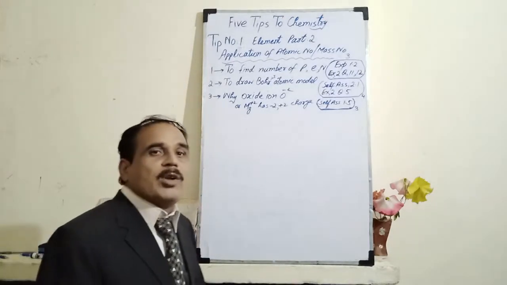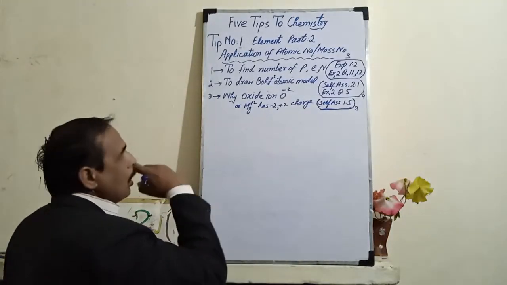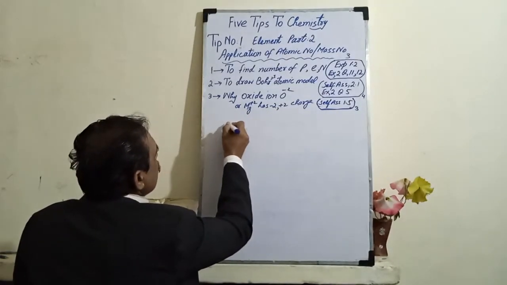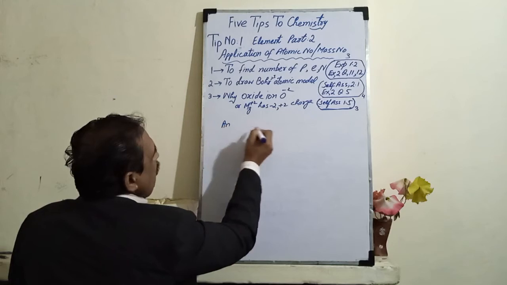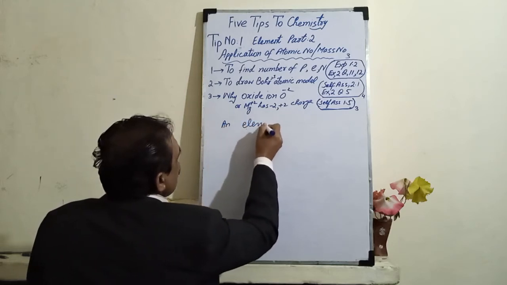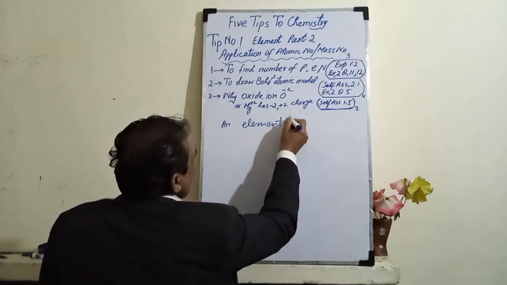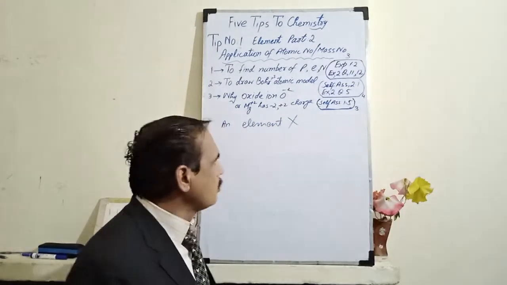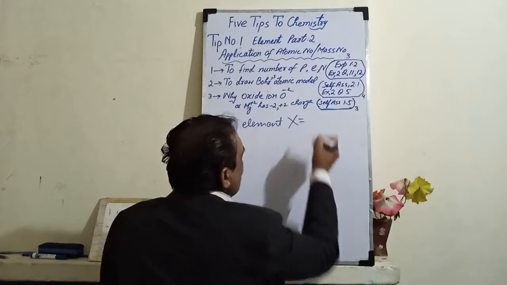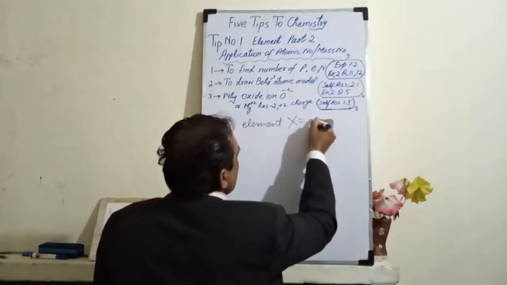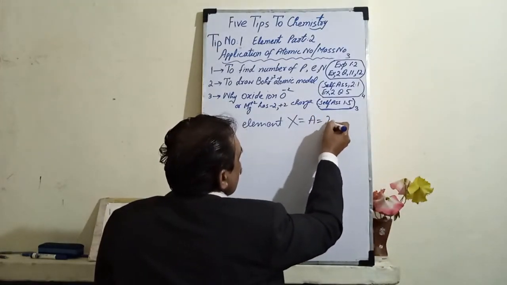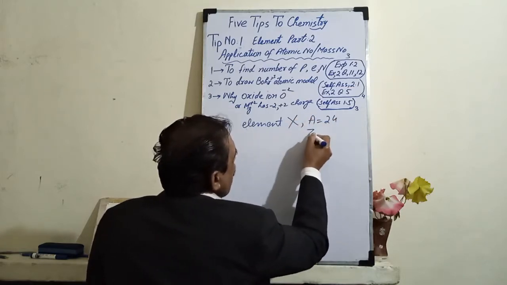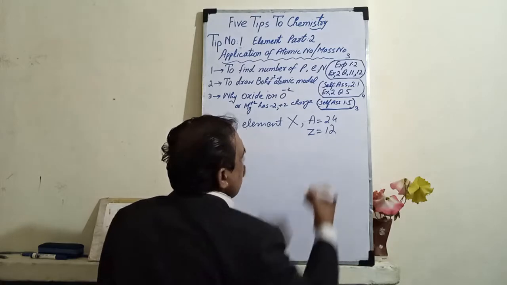Dear students, for example, we are given an element X whose mass number is 24 and atomic number is 12.